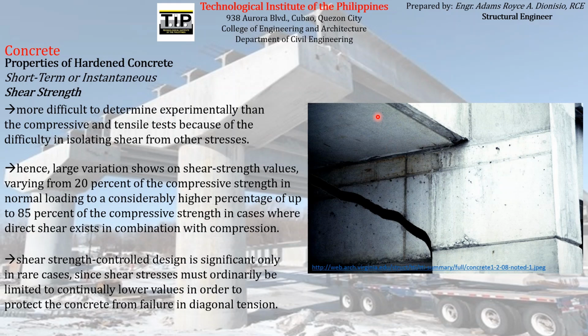If you can remember, for example, if you have a simply supported beam supporting a uniformly distributed load, and you draw the shear diagram of that beam, it will look like a double inverted triangle with the maximum shear occurring at the supports. Therefore, if there is a maximum shear at the supports, there is a very high chance of shear failure at the supports, just like what happened in this particular example here.